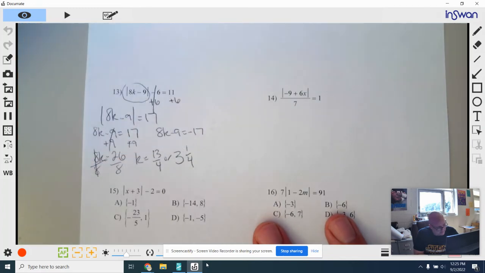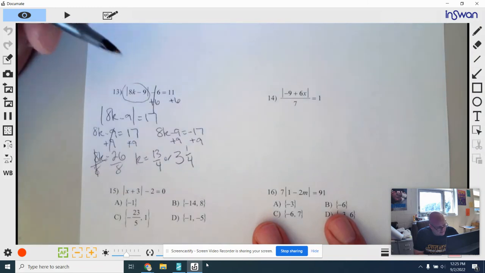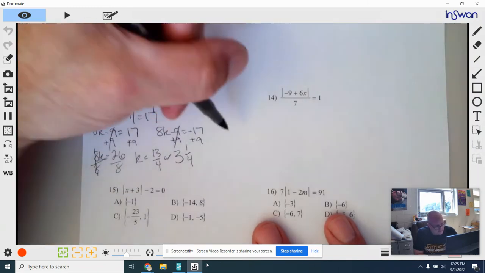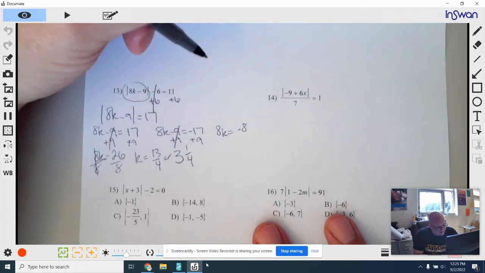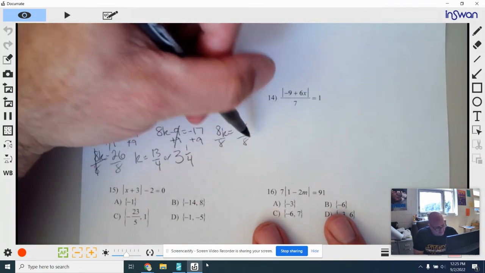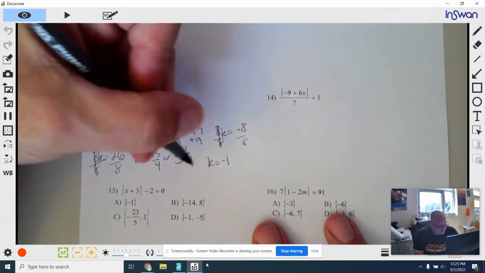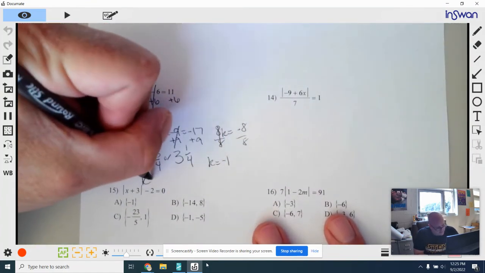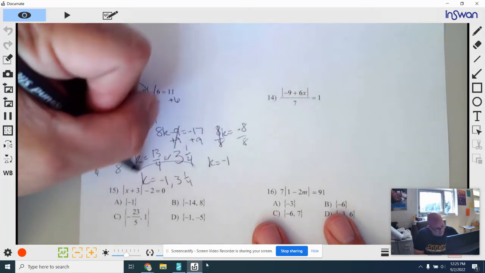So 3 1/4. Okay, come over here, plus 9. So I have 8k is equal to negative 8. And then divide by 8. So k is equal to negative 1. All right, so that means k is going to be negative 1, and I'll put my mixed number down of 3 1/4.